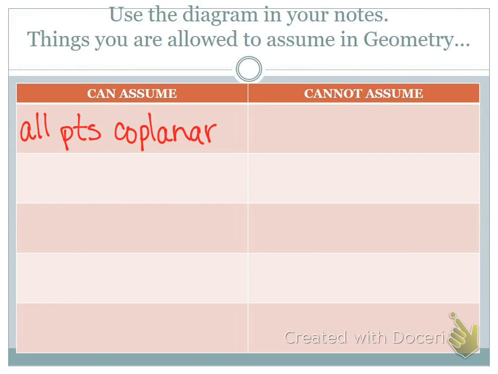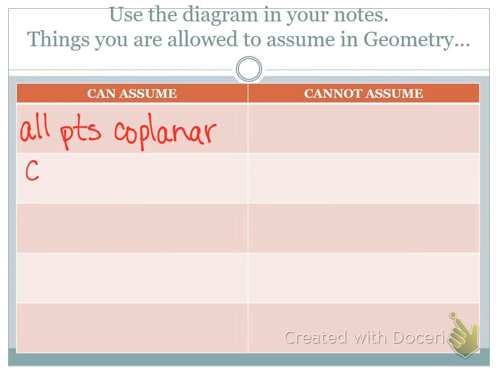Are there any points that we know for sure to be collinear? A and D. Well, any 2 points would always be collinear, so give me more points on that line. Any 2 points are always collinear. So how many points do you think I want you to give me? 3 or more. C, J, E, sure.